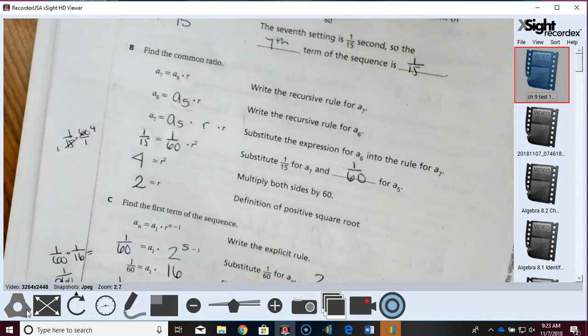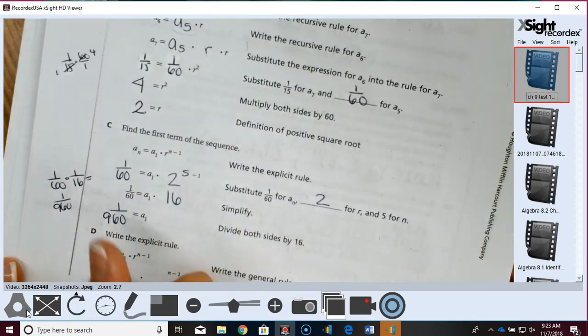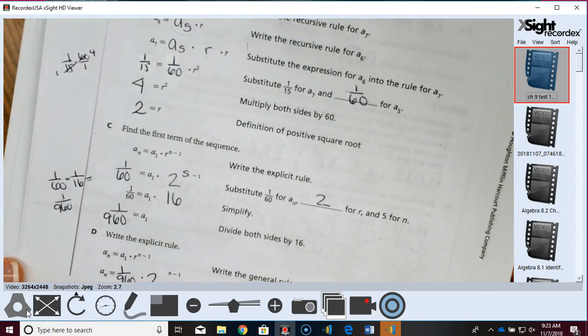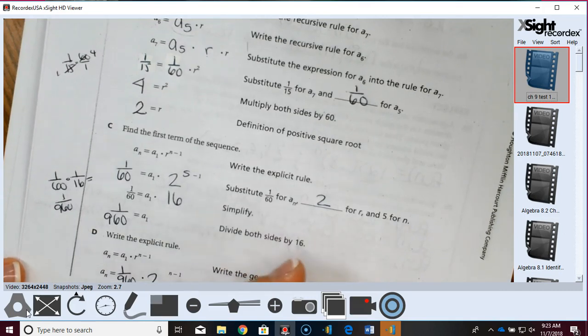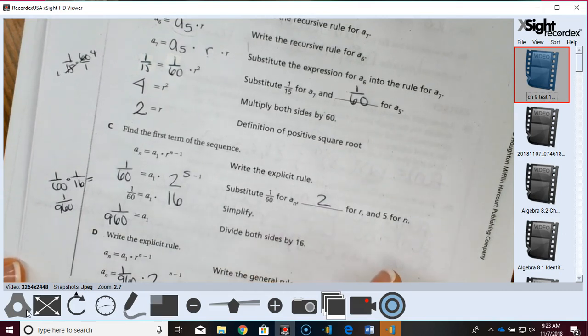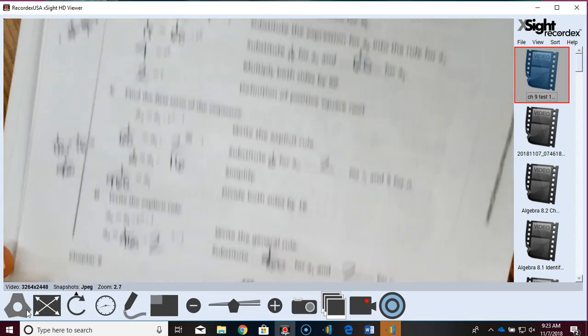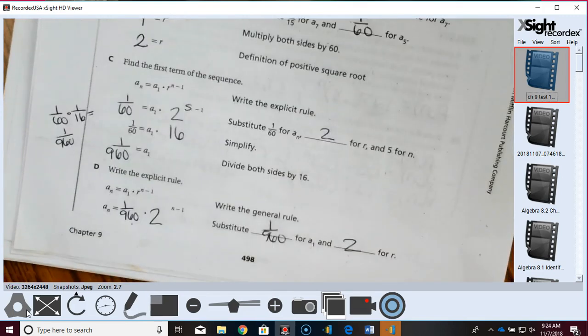Write the explicit rule. A to the first, 1 over 960 times 2 to the n minus 1. So we're trying to solve for the first term.